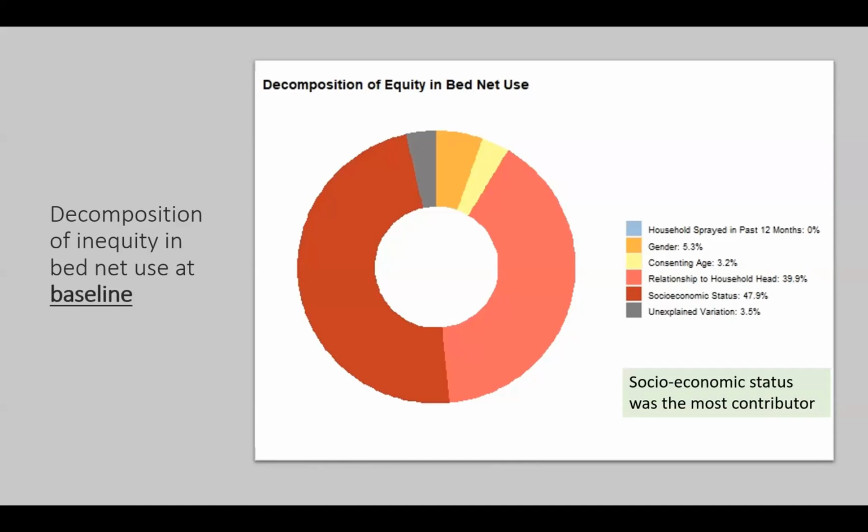We see that the most contributing factor at baseline was actually socioeconomic status, although some other factors were also contributing, like gender, being female, contributing 5.3, and then consenting age contributing 3.2 to the variation in LLIN use, while relationship to the household head contributed 39.9%.